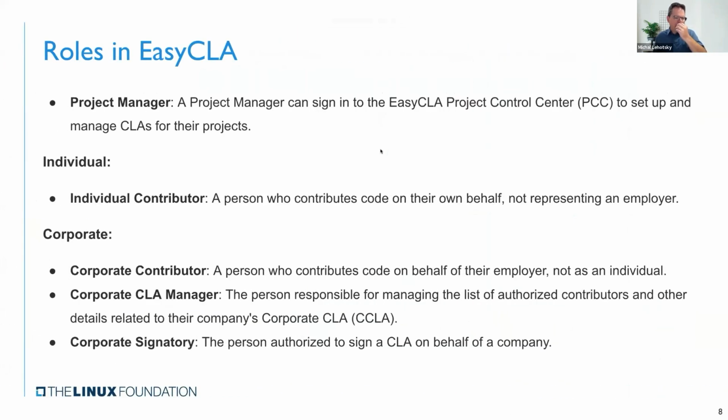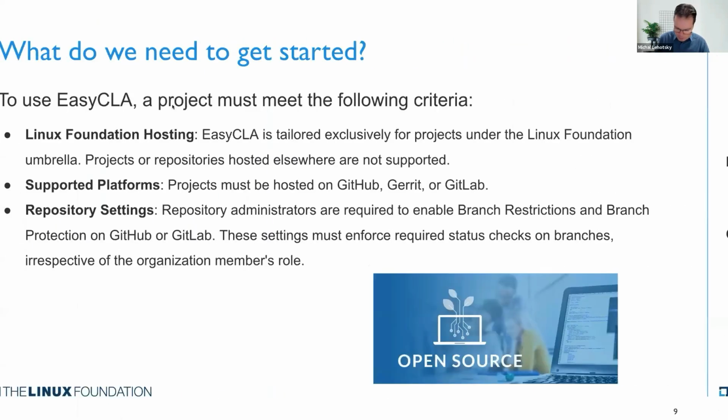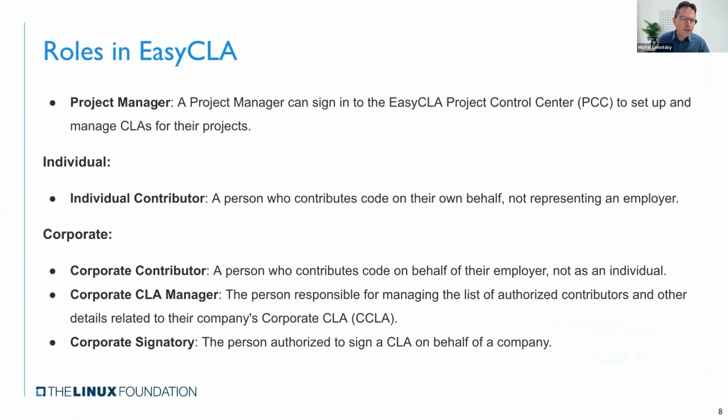Okay, so now I briefly mentioned what different roles we have in these different corporate CLA and ICLA flows. First of all, we have a project manager. The project manager is someone who puts this CLA in place. The CLA manager is someone who is managing this open source project.